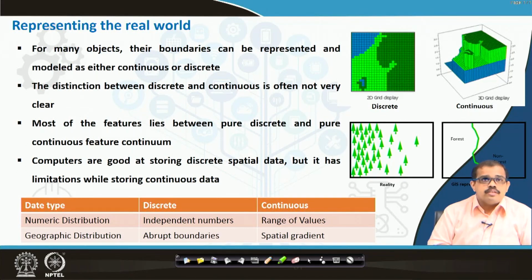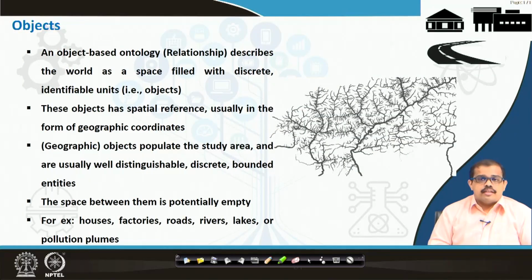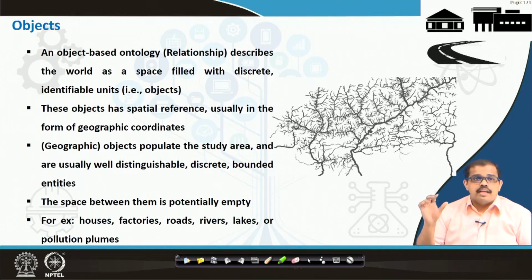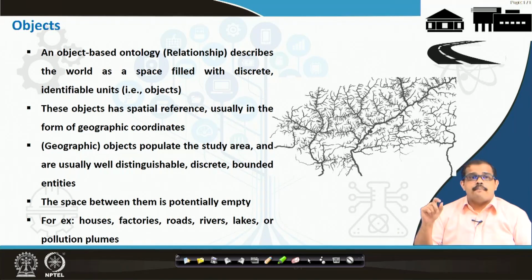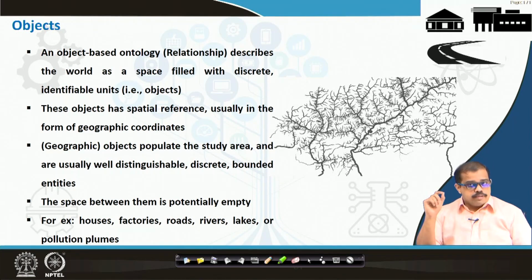Now, when you look at discrete or continuous data, the first thing that we have to look at is objects. Objects are extremely important; they are equivalent to your entity relationships. An object based ontology describes the world as a space that is filled with discrete identifiable units.